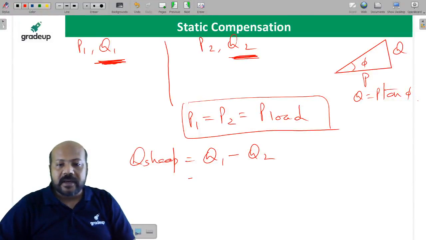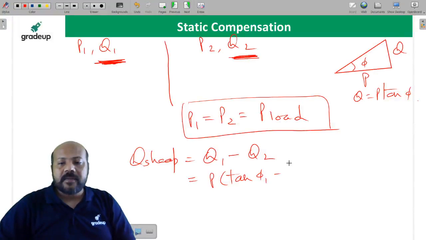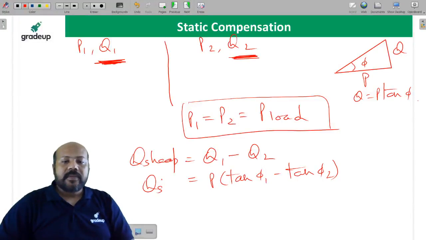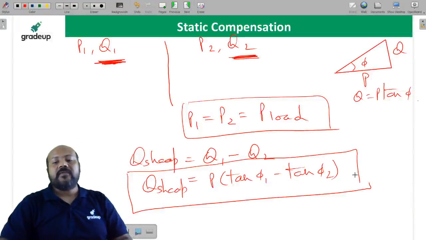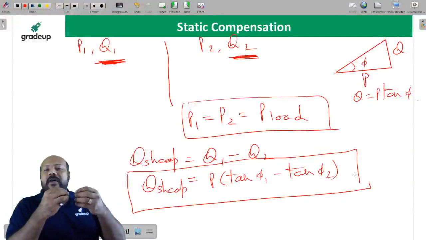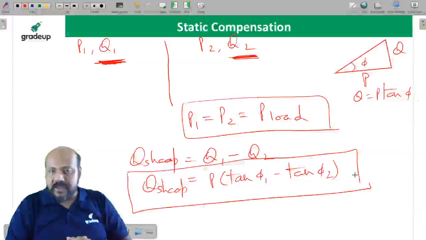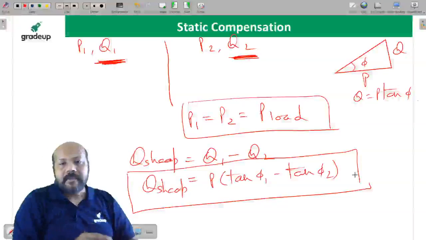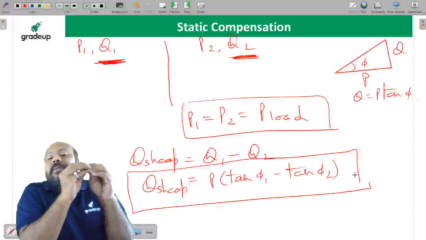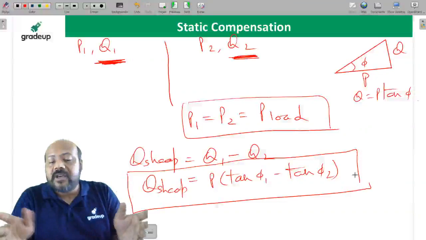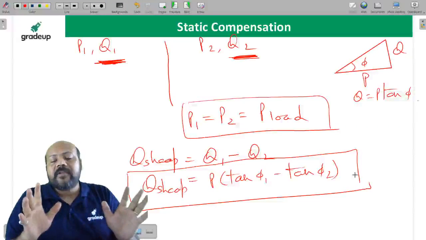It means you can write the Q shunt capacitor as P times (tan phi 1 minus tan phi 2). It means if you know how the power factor is changing from phi 1 to phi 2, you can find the reactive power supplied by the capacitor. Vice versa, if you know the reactive power supplied by the capacitor, you can find the change in the power factor or the power factor angle.